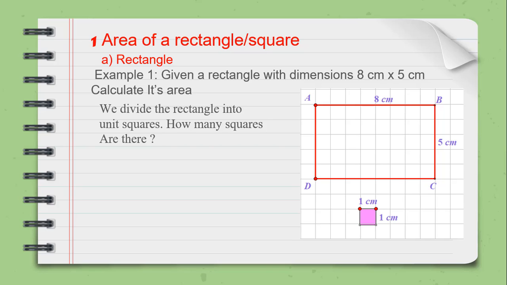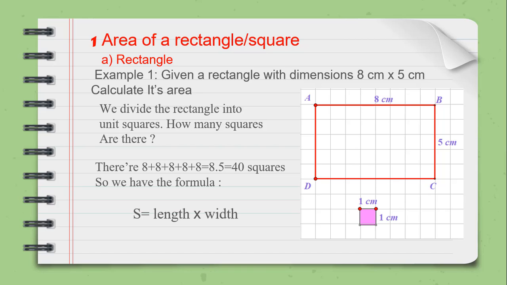So we just have to sum it up. There will be 40 squares, which is 8 times 5. And notice how 8 is the length of the rectangle and 5 is the width of the rectangle. So we have the formula S equals length times width.